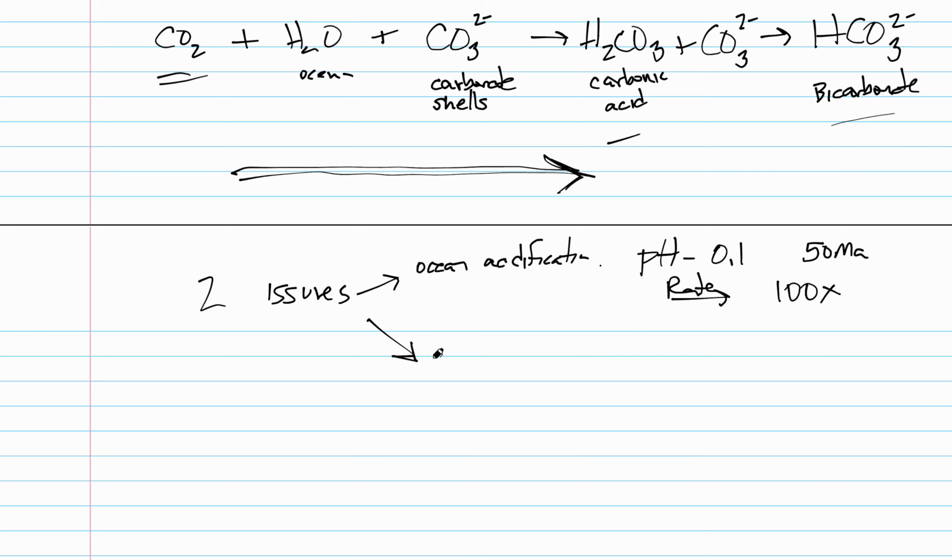The other aspect, besides ocean acidification, which is this carbonic acid, that's one, is the drop in carbonate. So we're going to say reduced CO3 2-, which makes it harder for organisms to produce their body parts.